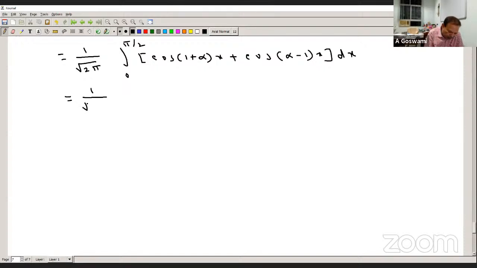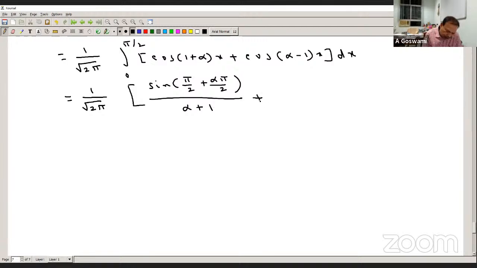This will be 1 by root 2 pi. I'm just jumping the step. Sine of (pi by 2 plus alpha pi by 2) divided by (alpha plus 1), plus sine of (pi by 2 minus alpha pi by 2) divided by (alpha minus 1).